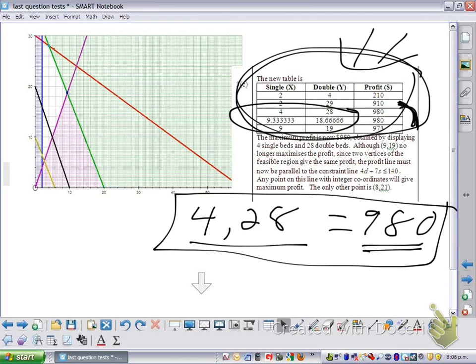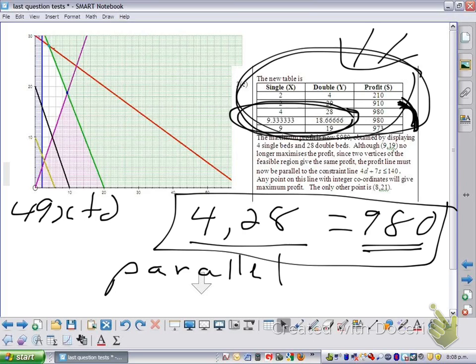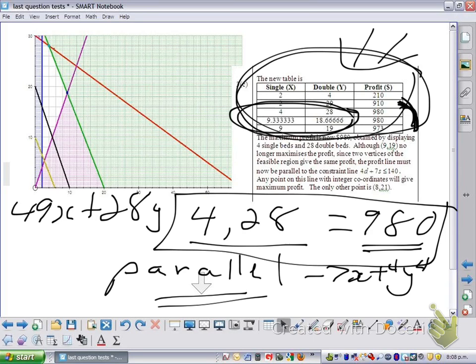The problem is you have to discuss why you're getting two different combinations, and so you have to talk about the fact that you're getting two combinations that give you the same profit because the 49x plus 28y is parallel to the other constraint, the constraint of 7x plus 4y less than or equal to 140.